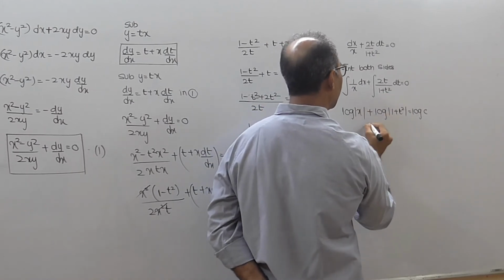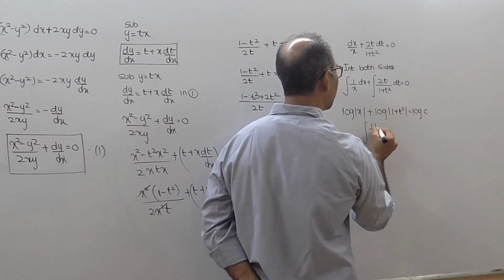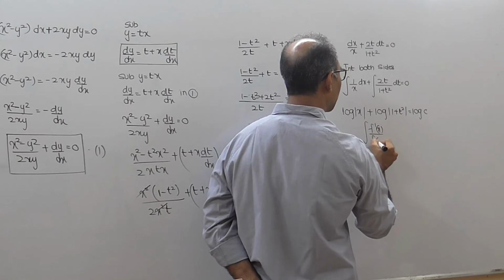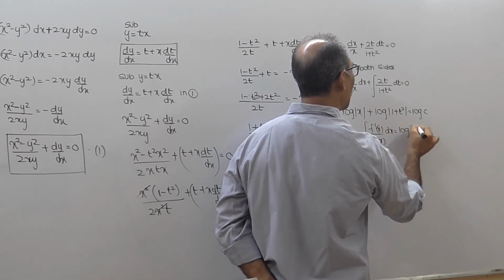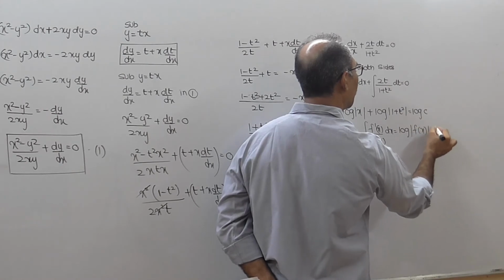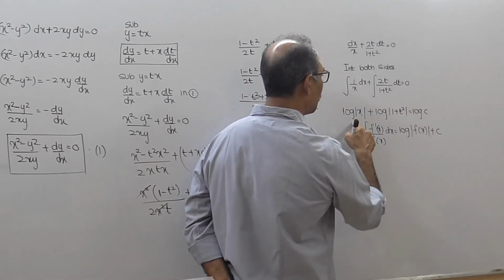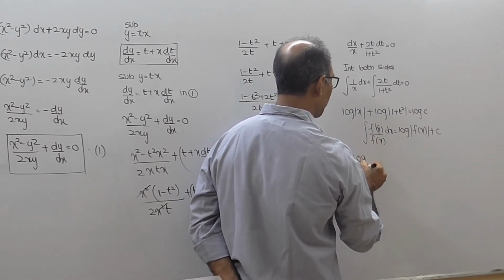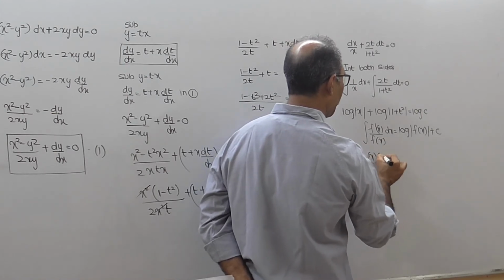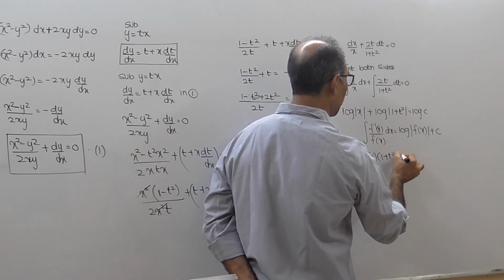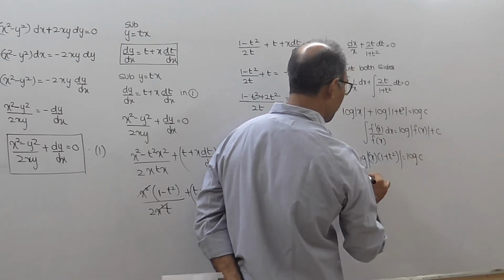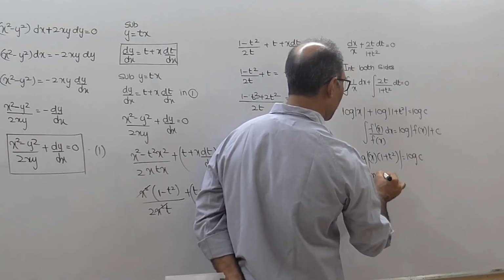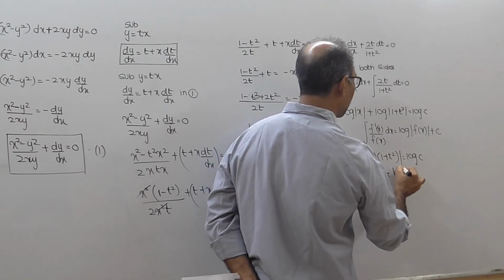I hope we can write a reason here: integration of f dash of x upon f of x dx is equal to log modulus f of x plus c. Now this is log a plus log b, so this becomes log ab equal to log c. What we can do is we can compare both sides.